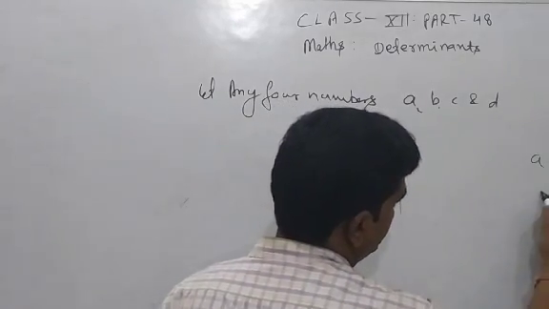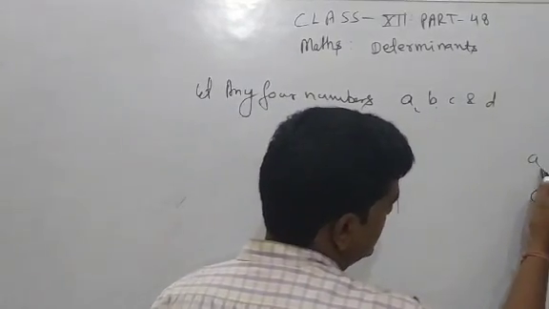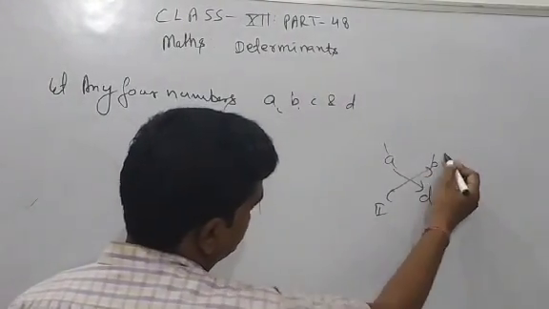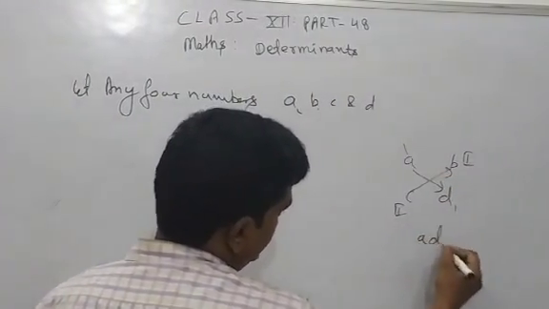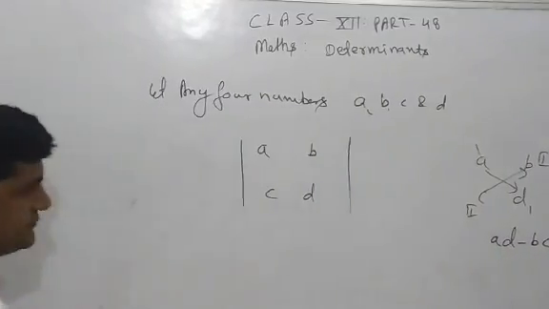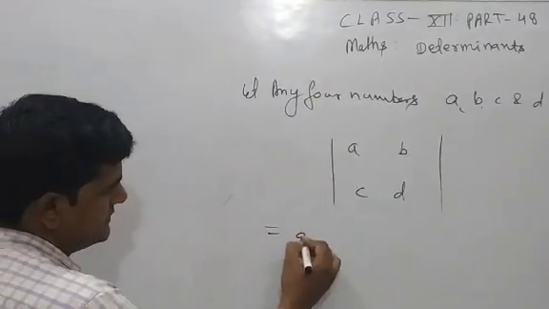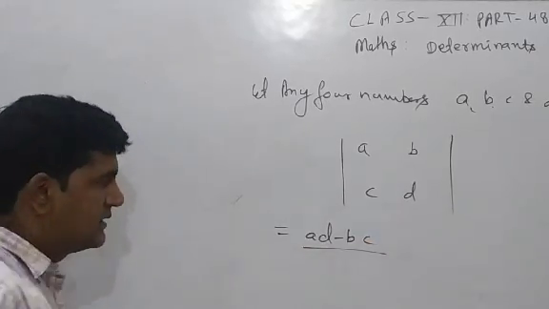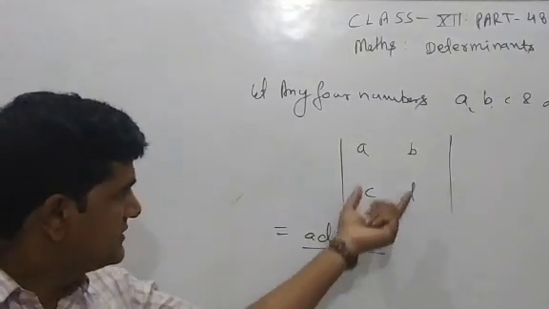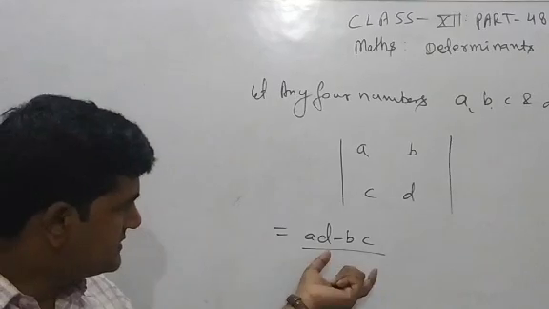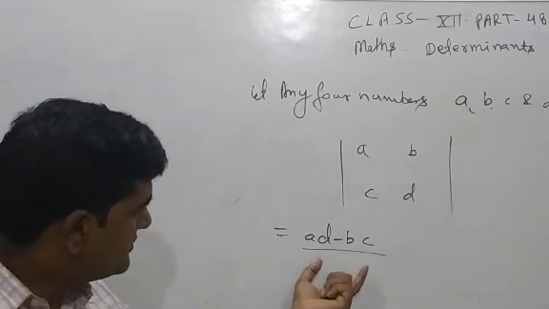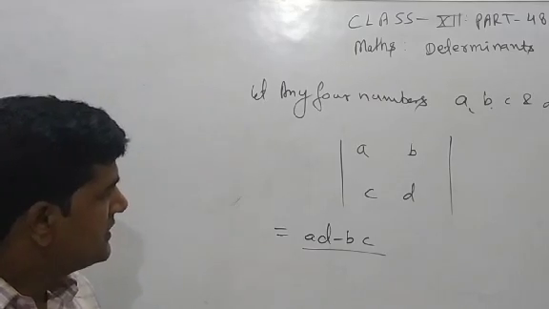Understood? If A, B, C, D, first and second, it means AD minus BC. This is the expansion of this determinant, the modulus of this determinant, the value of this determinant.